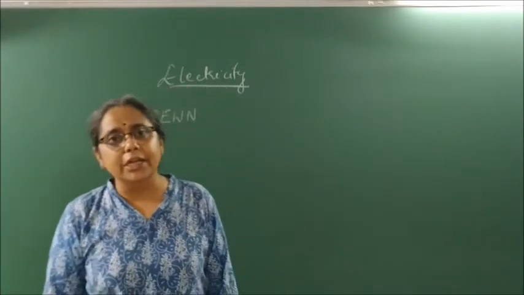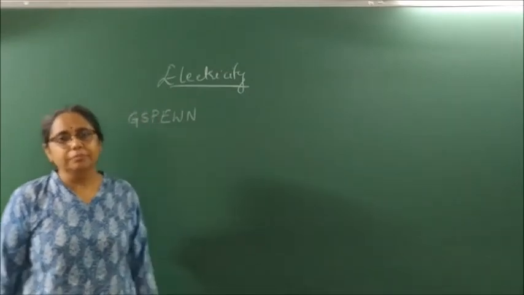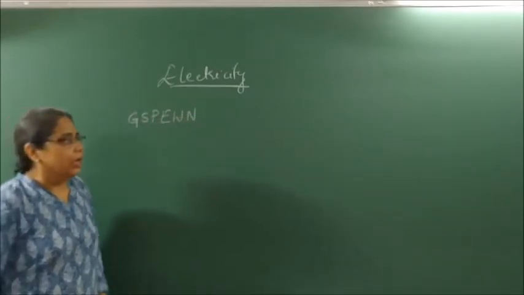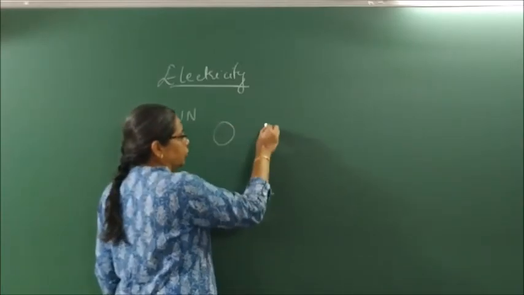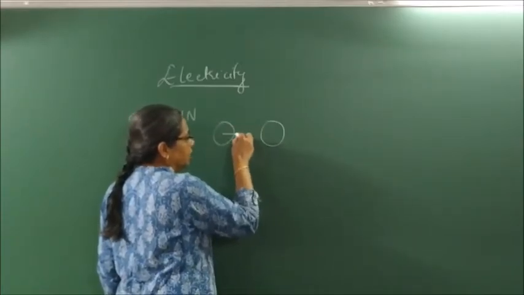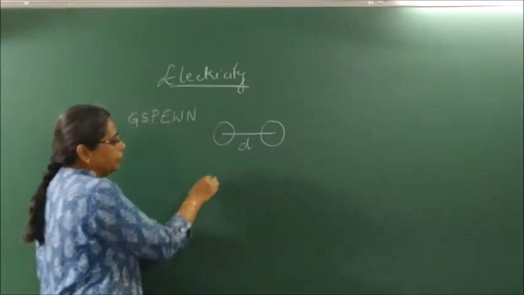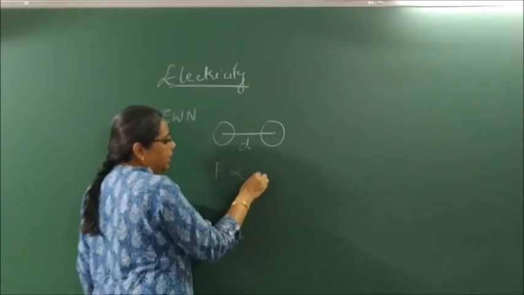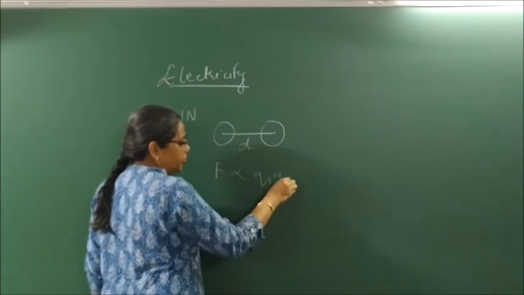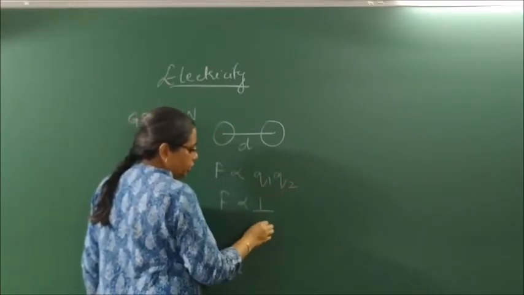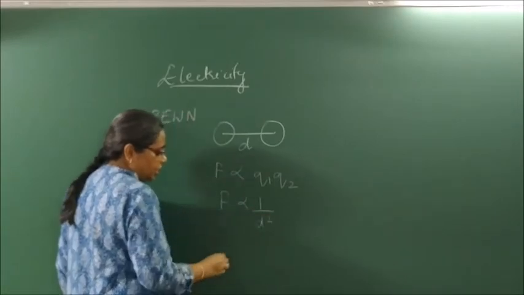Then we studied Coulomb's law of charges. According to Coulomb's law, if there are two charges, Q1 and Q2, separated by a small distance d from each other, then the force acting between them is directly proportional to the product of the magnitude of charges and inversely proportional to the square of the distance between them.